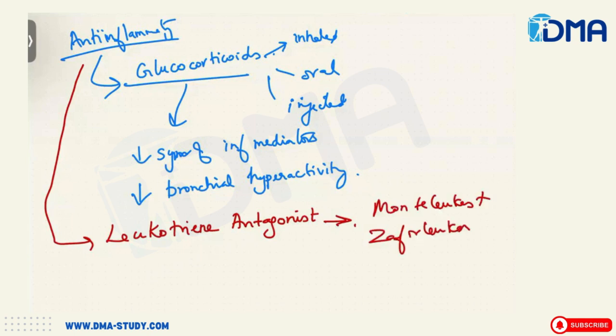These drugs basically prevent the bronchoconstriction from happening. And the main side effects of these drugs are headache, nausea, rashes.